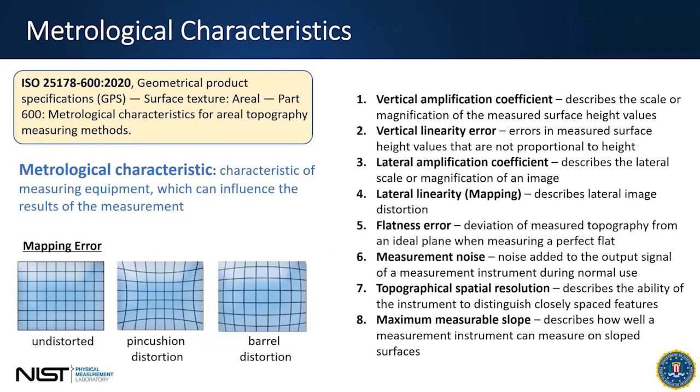Metrological characteristics are defined within ISO, because these instruments have been around for quite a while now, and all we're really doing is translating them over to forensics. These are vertical amplification, vertical linearity, lateral amplification and linearity, flatness, noise, spatial resolution, and maximum measurable slope.